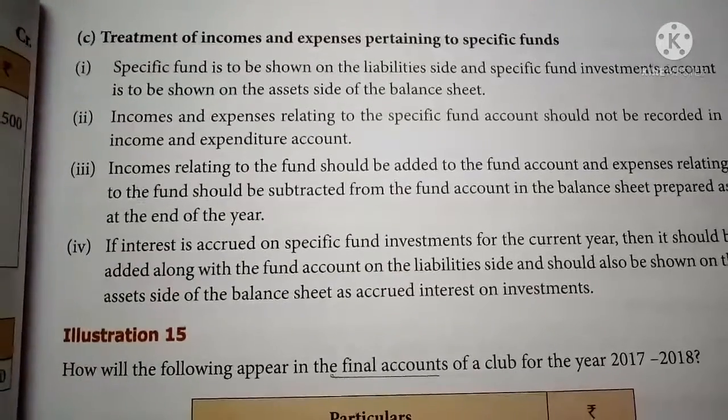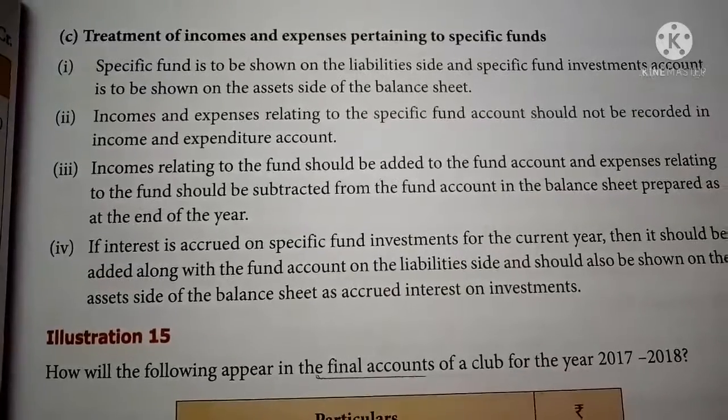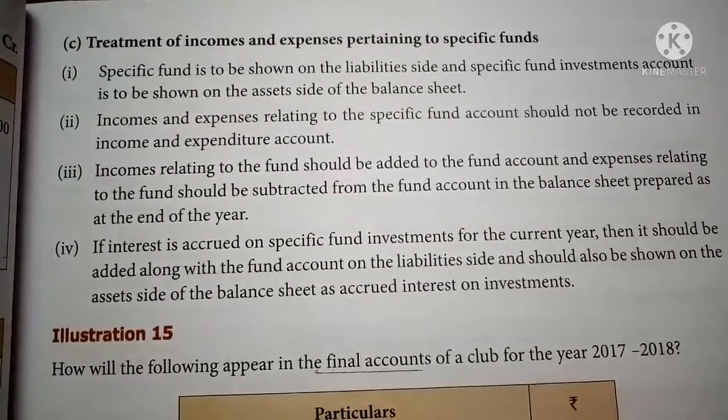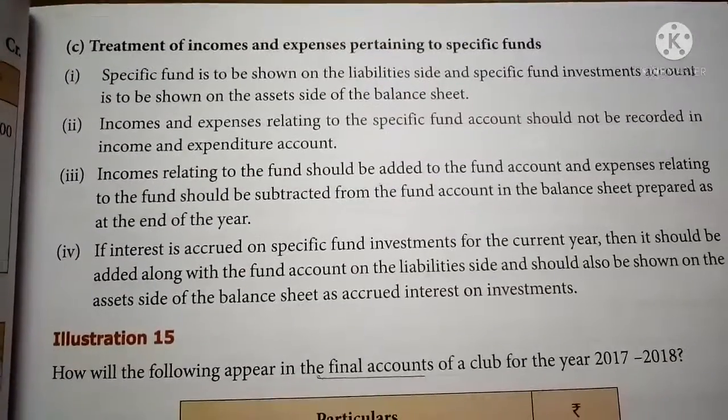If interest is accrued on specific fund investments, that also should be added to the specific fund on the liability side of the balance sheet. And any fund investment should be shown on the asset side of the balance sheet.